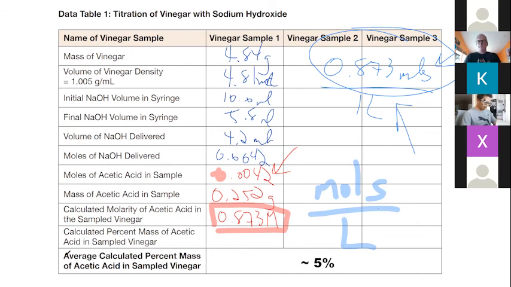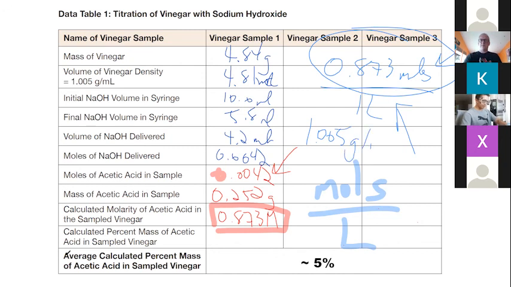Not sure about that first part, but I think I have to use the density of... Bingo, exactly. That's the relationship between mass and volume, the density. So if we have the density and the volume, we can just change that to mass. So what's the density? The density is 1.005 grams per milliliter. Exactly.